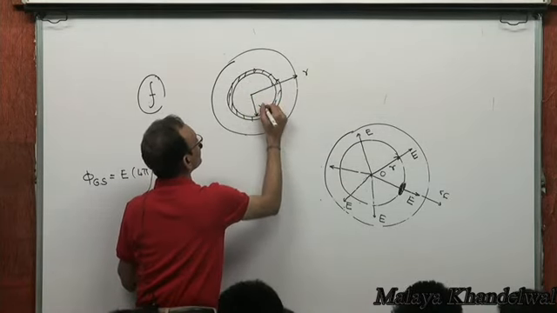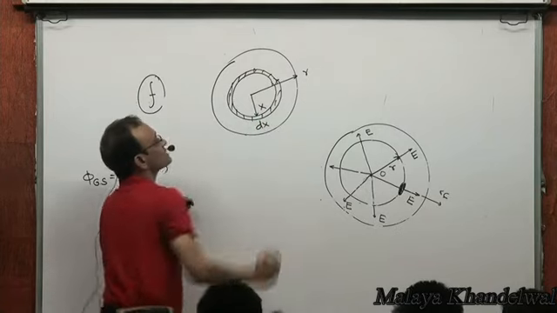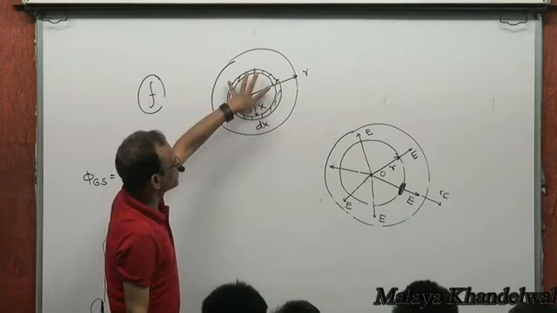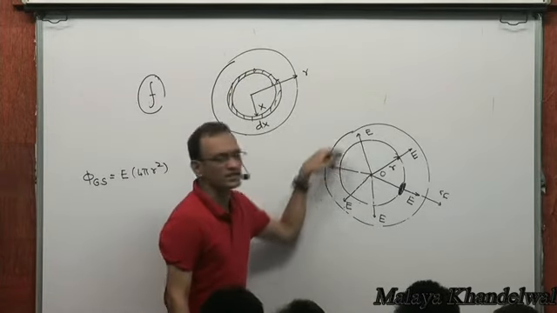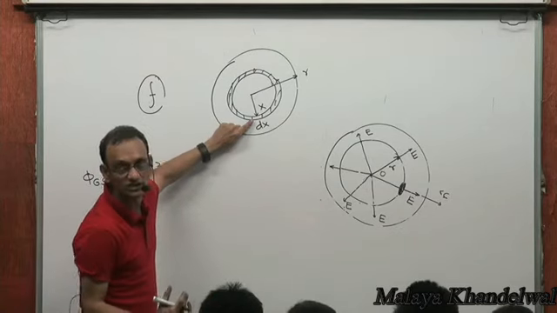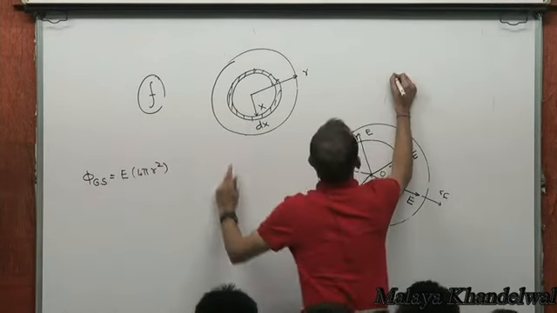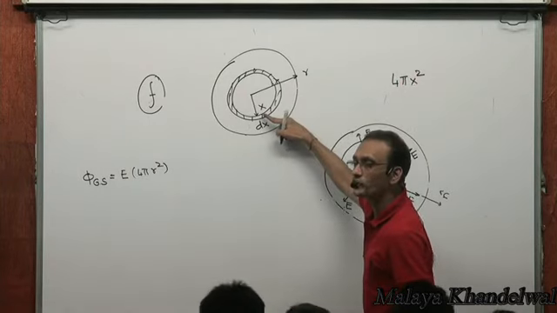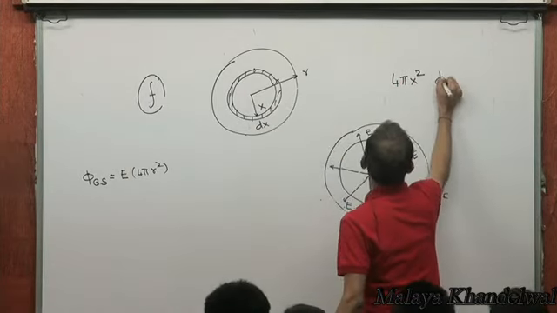If I think of this as x and the thickness of this as dx, I break it up into smaller spherical shells. This is one chosen spherical shell. What is the surface area of this shell? 4 pi x squared.